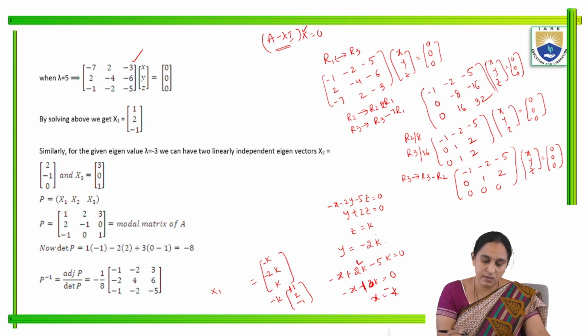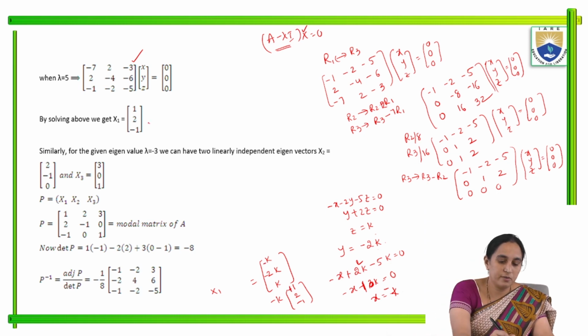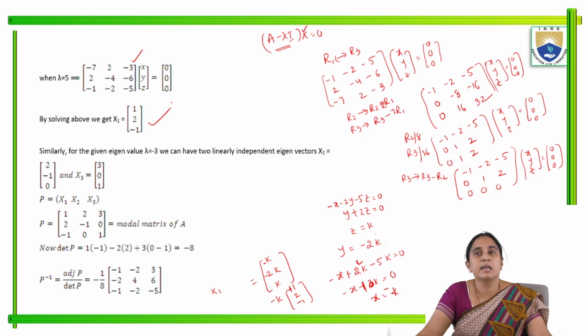From that we get 1, 2, minus 1. Therefore, for the distinct eigenvalue, we get the first eigenvector, that is 1, 2, minus 1.